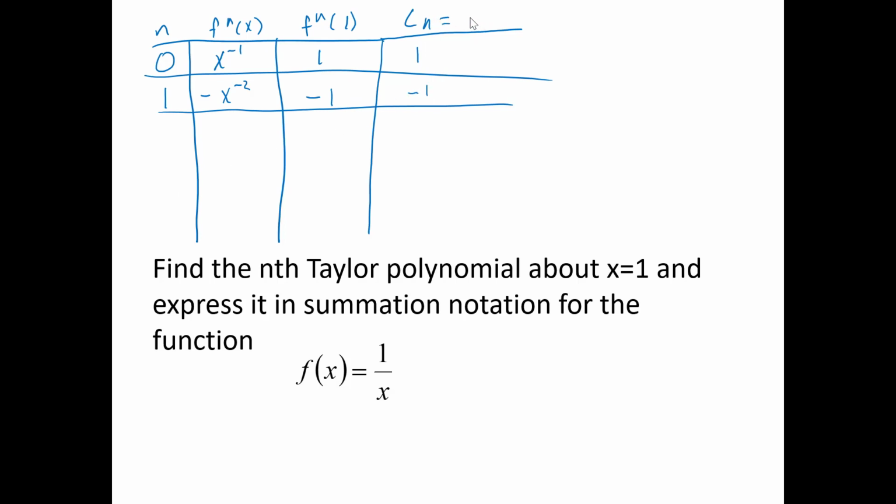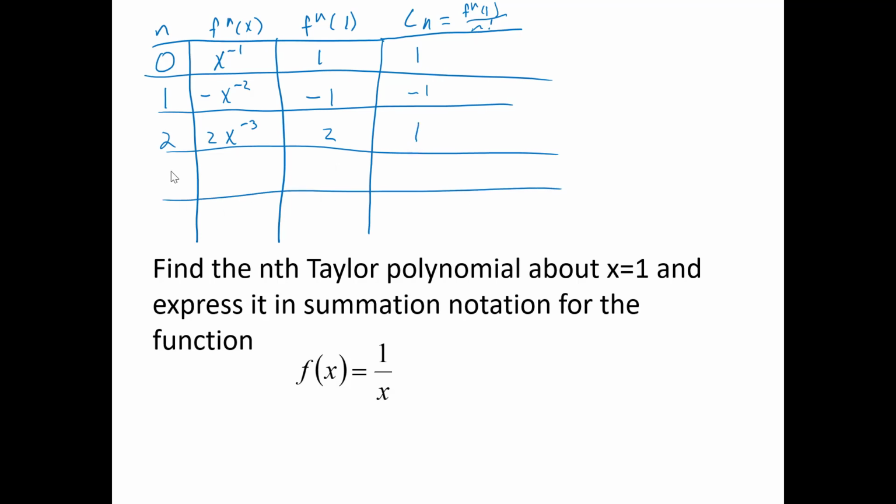Remember the formula for this is Fn of 1 divided by n factorial. So when n is 2, you're going to have 2 x to the negative 3. 1 to any power is 1. You'll get 2. And then here you will get 2 over 2 factorial, which is 1.